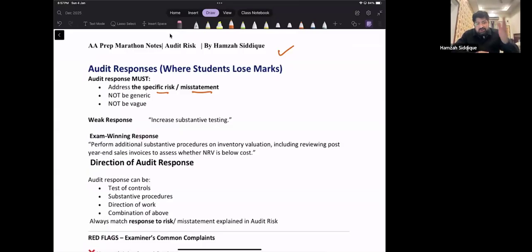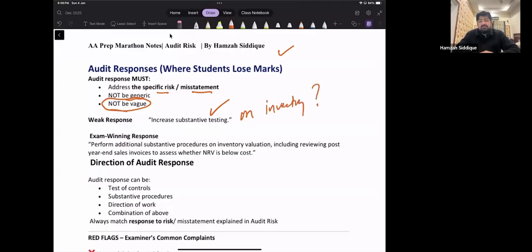You are discussing audit risk related to revaluation of assets. Response cannot be on completeness of assets. It cannot be on rights and obligations. No, not at all. So it must not be generic, must not be vague. It should be clear. For example, you say increase substantive testing on inventory.